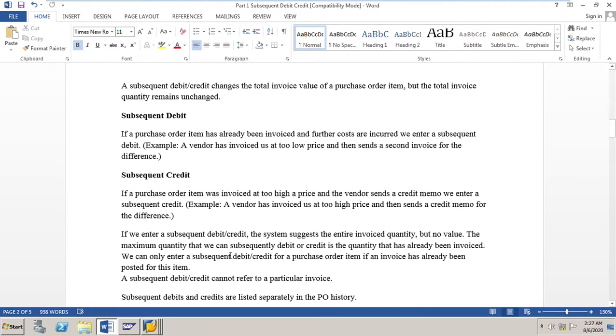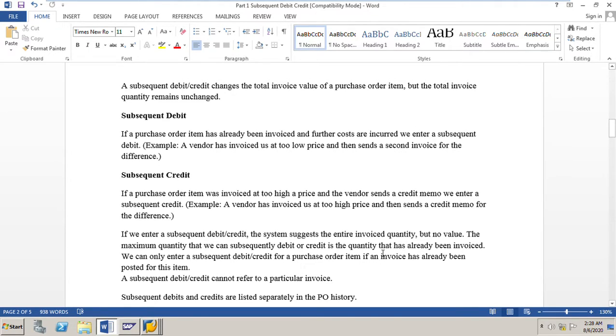If we enter a subsequent debit or credit, the system suggests the entire invoiced quantity but no value. The maximum quantity that we can subsequently debit or credit is the quantity that has already been invoiced. We can only enter a subsequent debit or credit for a purchase order item if an invoice has already been posted for this item.